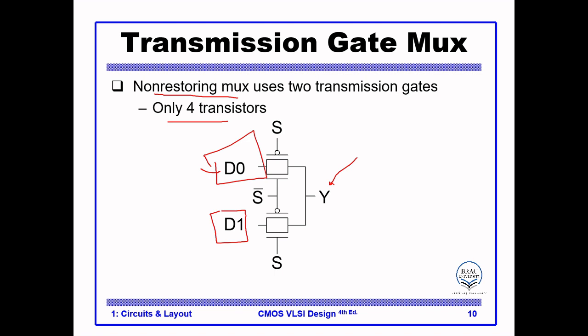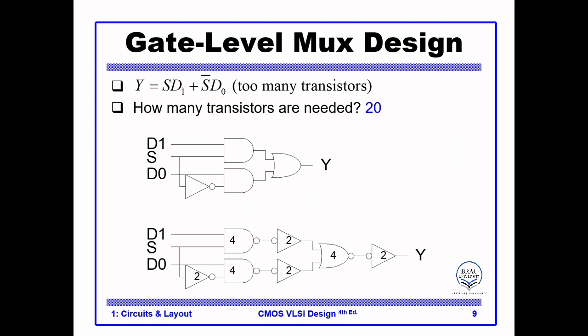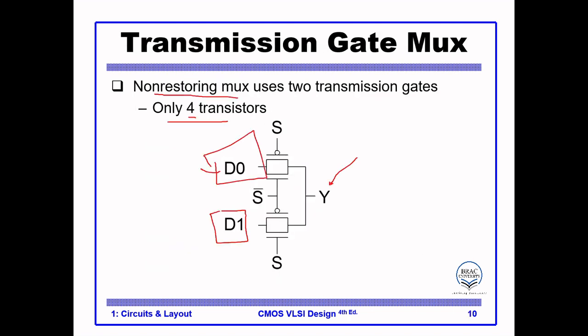But the advantage of this one is that we need far fewer transistors than before. We have 4 transistors for a 2 to 1 mux, where we had used 20 transistors to build the same thing. That is a huge reduction in the number of transistors, and consequently in the area that is required to build such a chip.